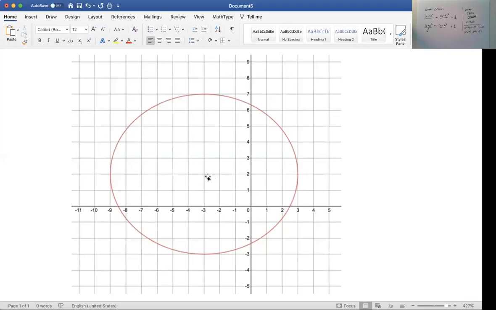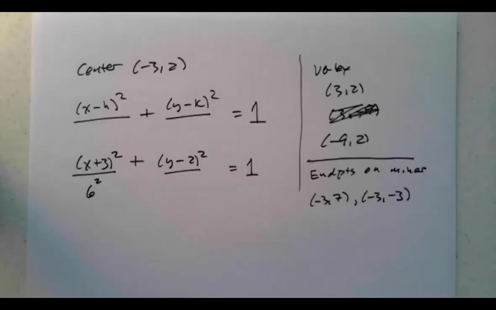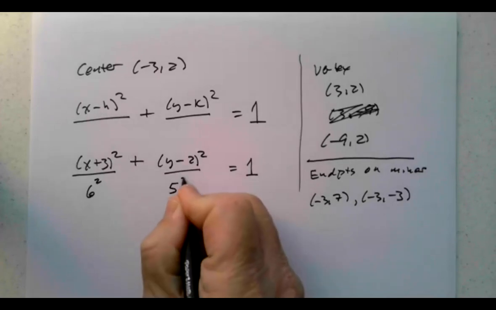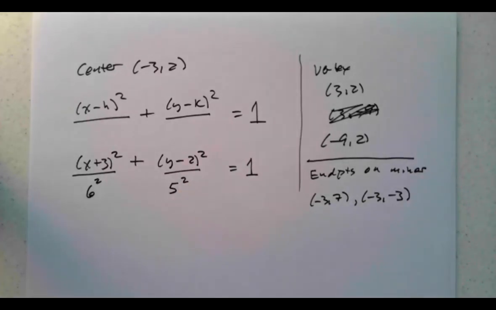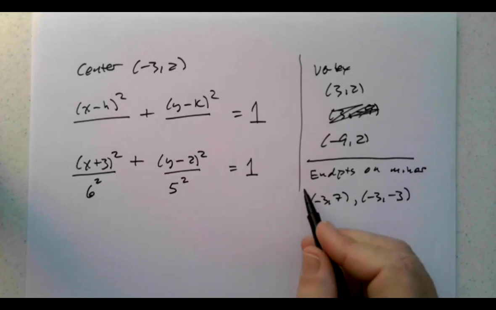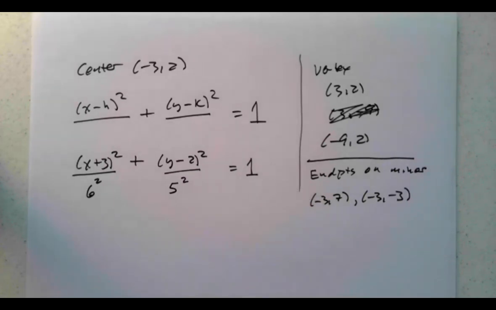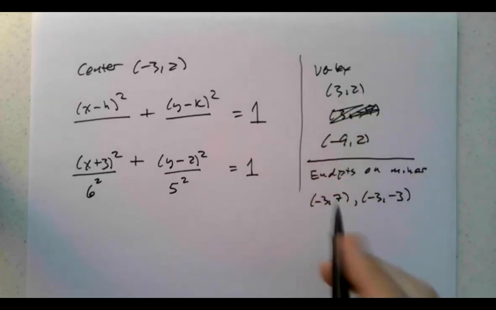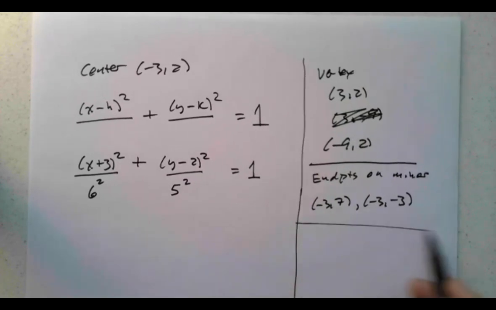And we'll clarify that by counting. So here is our center. Count 1, 2, 3, 4, 5. Great. Count 1, 2, 3, 4, 5. So our span in the y direction is 5. So I need to have 5 squared in the denominator of my equation. Now regarding the length of our major axis and the length of our minor axis, we have the two vertices and the two endpoints.